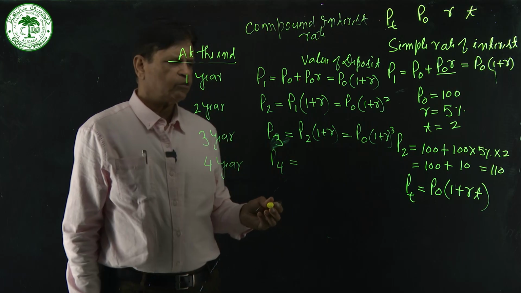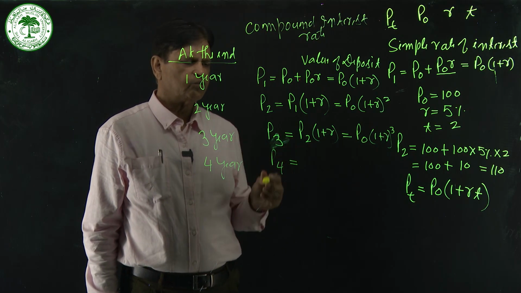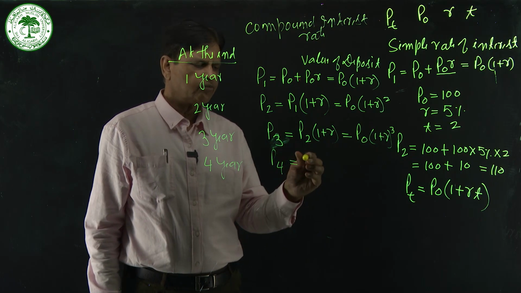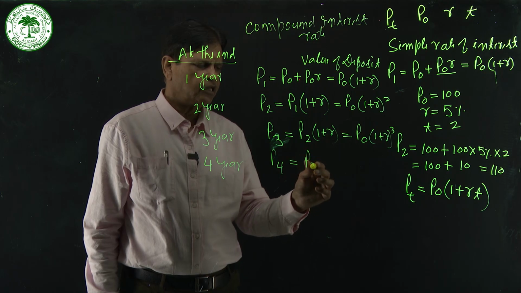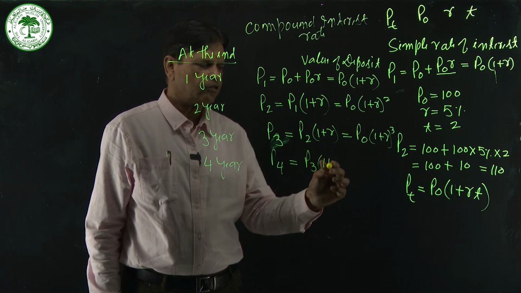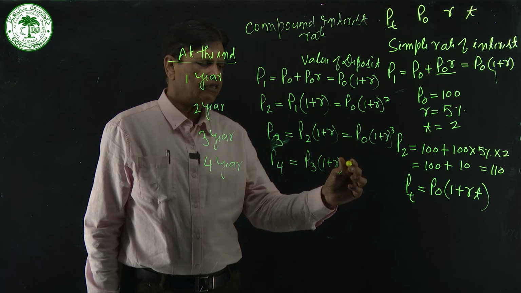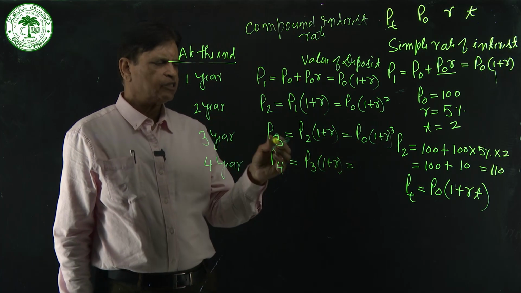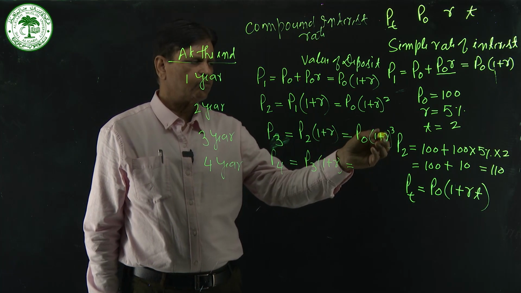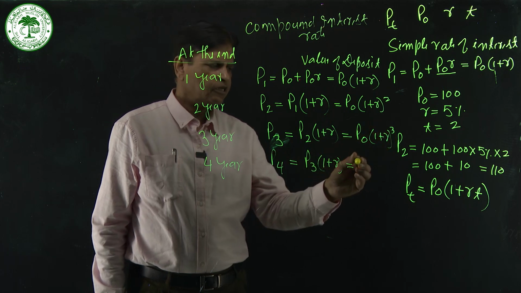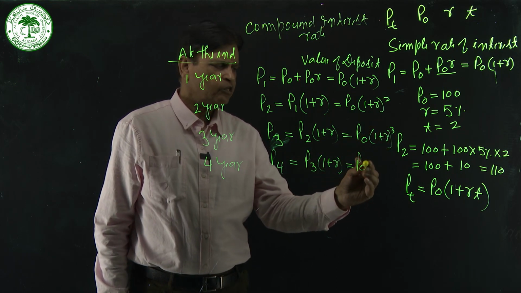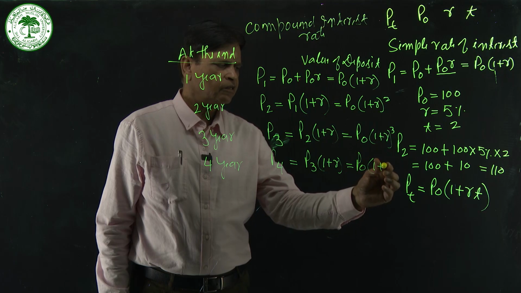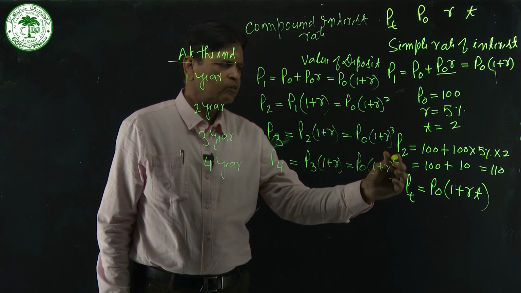In the fourth year, the amount after the third year will become the principal amount, that is P3, and interest will be calculated on that. Now, if you substitute P3, which is equal to P0 (1 plus R) raised to the power 3, it will be equal to P0 (1 plus R) raised to the power 4.